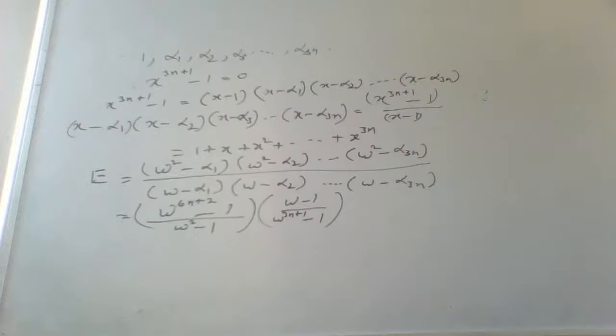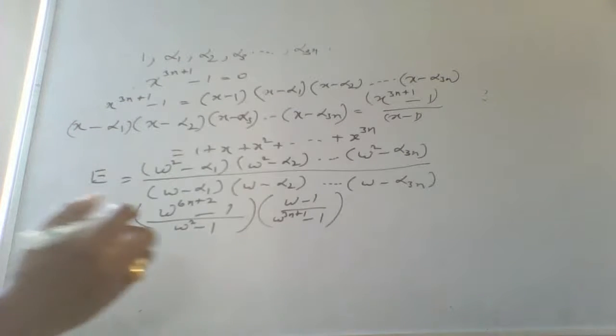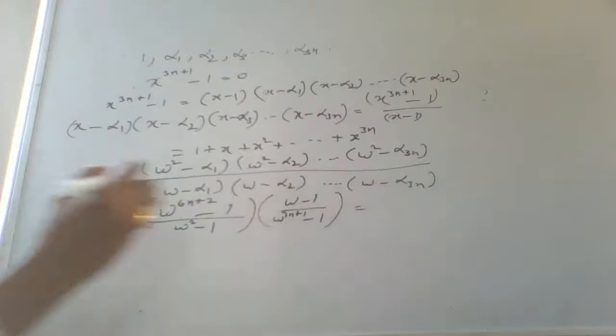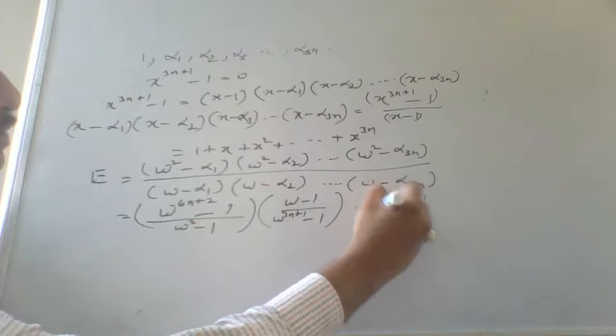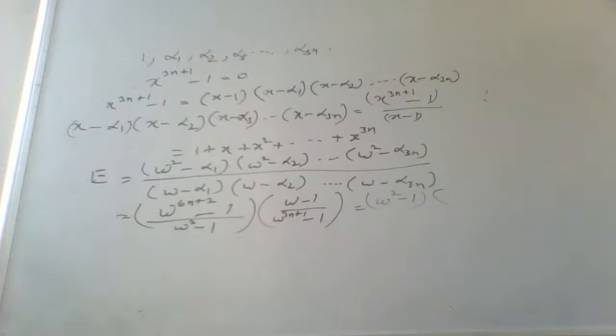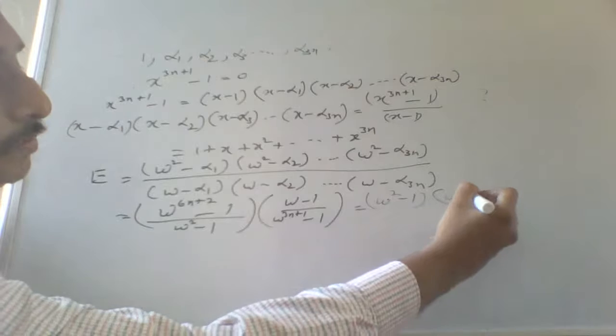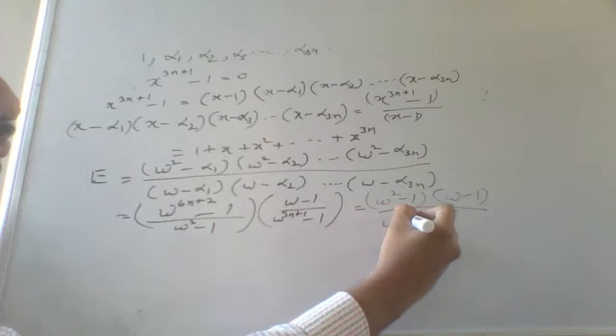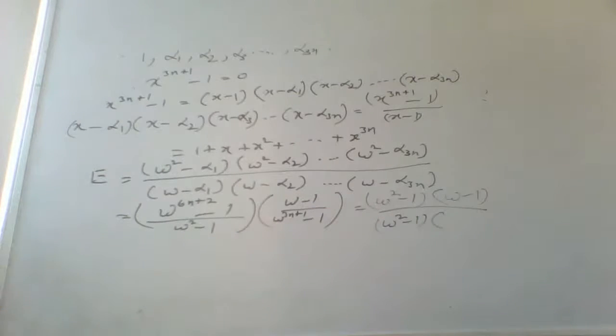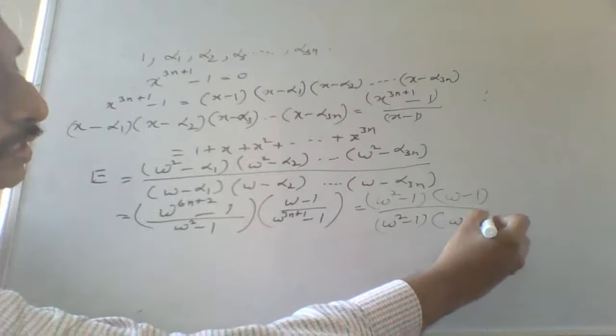Further, if I continue to solve this, that is equal to omega square minus 1 into omega minus 1 divided by omega square minus 1 into omega minus 1.